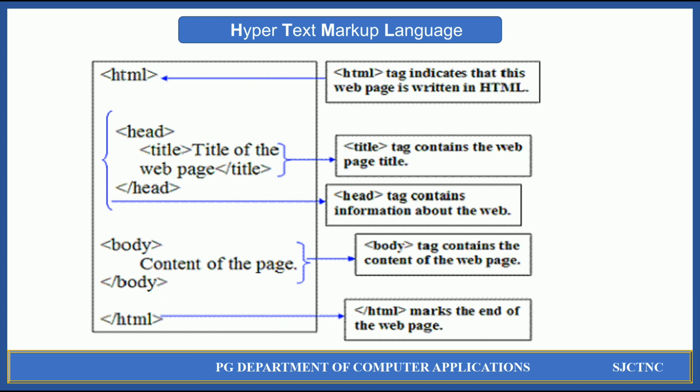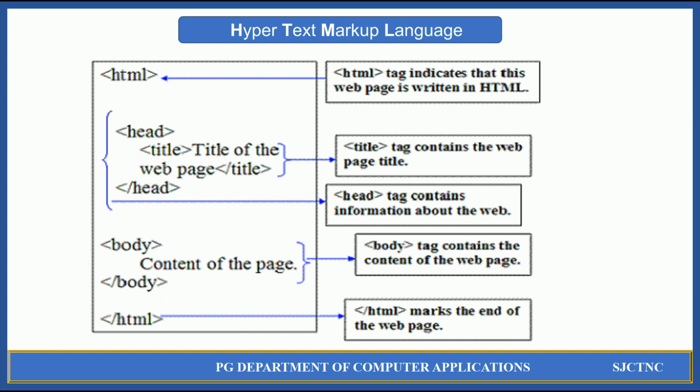Now we can see the structure of HTML. Each tag must have a closing tag. Here initially we can see HTML, and in the last line we can see slash HTML.